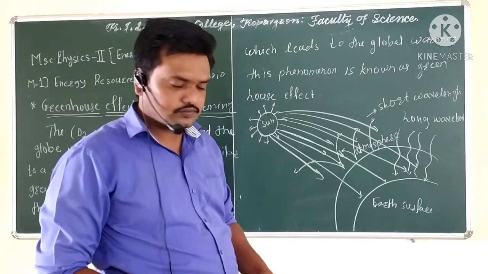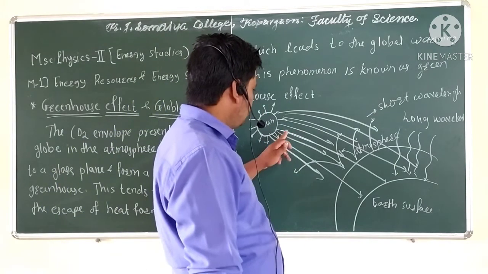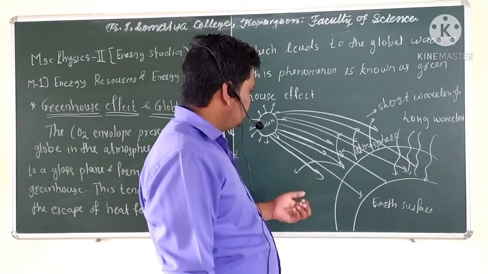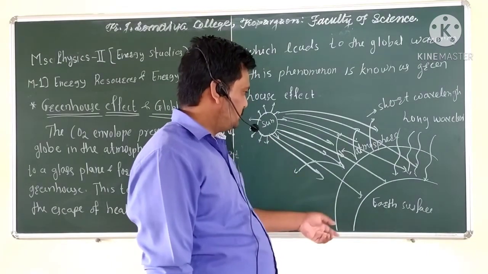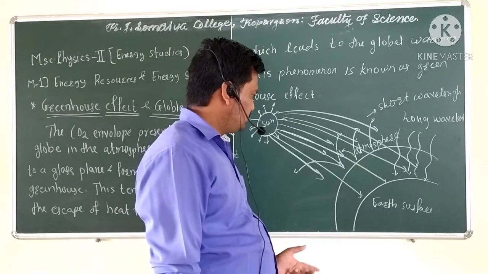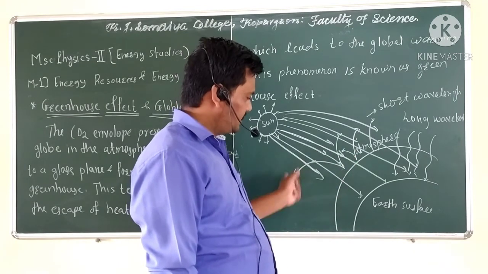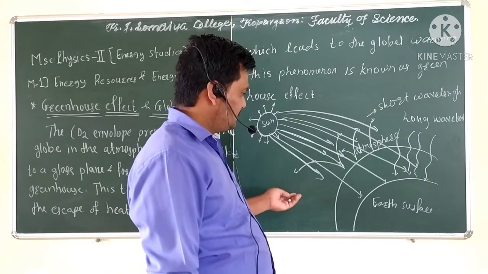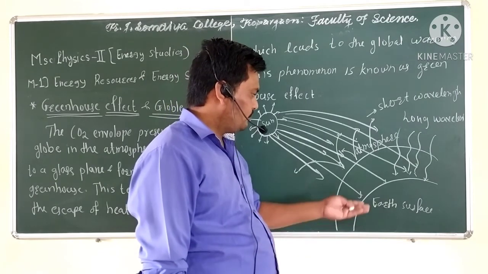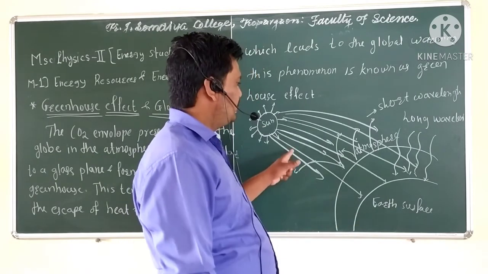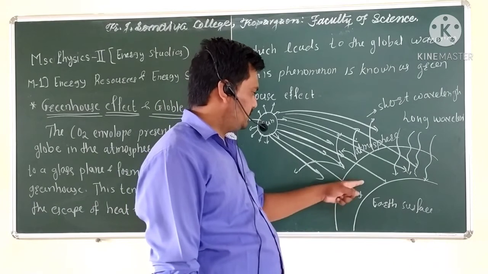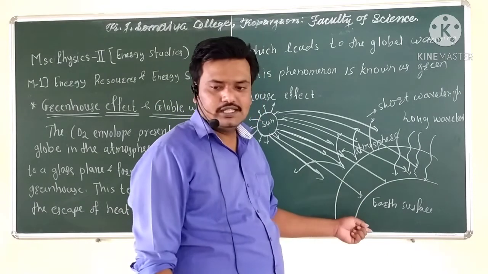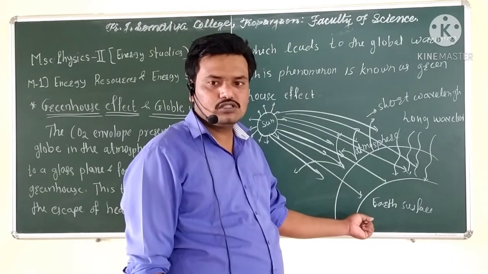And so the short wavelength radiation comes in through the atmospheric region and is reflected back again. So this does not reach the earth surface, but some radiation has long wavelength, and that long wavelength radiation comes to this earth surface.